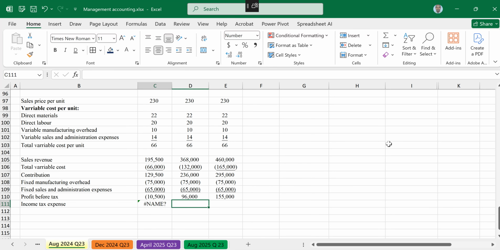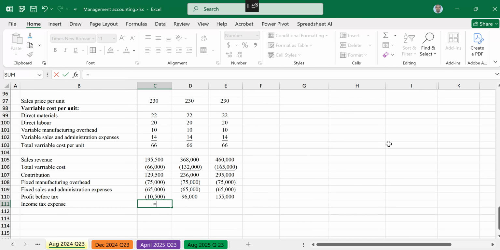If this cell is greater than 0, comma, then take the same cell times negative 30%. Otherwise, the answer is 0. So you don't tax that loss, then just drag this across.